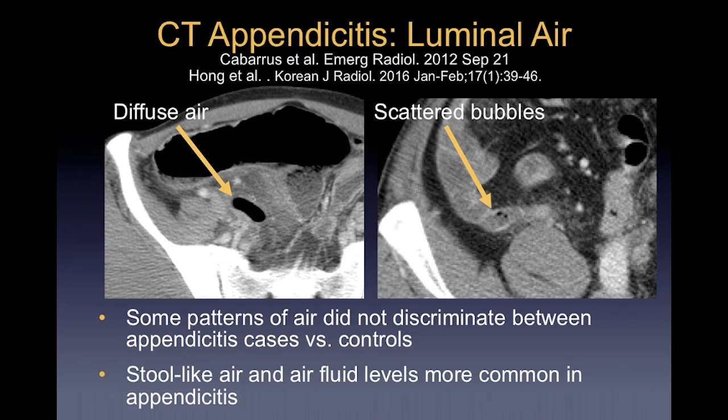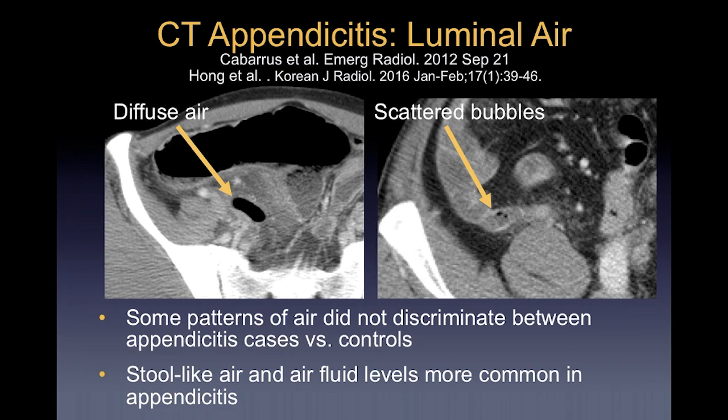I've looked at the distribution of air in cases of appendicitis, like were certain patterns of air in the appendix more reassuring or more likely to be seen in cases of inflammation. You would think maybe that diffuse air was a benign pattern, or bubbly stool-like air might be a more suspicious pattern, but these patterns of air do not discriminate well between appendicitis cases and normal controls.